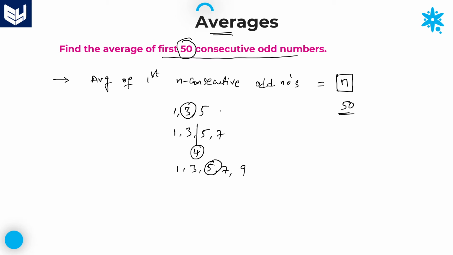So for 3 consecutive odd numbers, average is 3. For 4, average is 4. For 5, average is 5. Similarly, for first 50 consecutive odd numbers, average is 50. The average of first n consecutive odd numbers is always n. Whatever the value of n is given, you can directly write that value. So 50 is the right answer for this question.